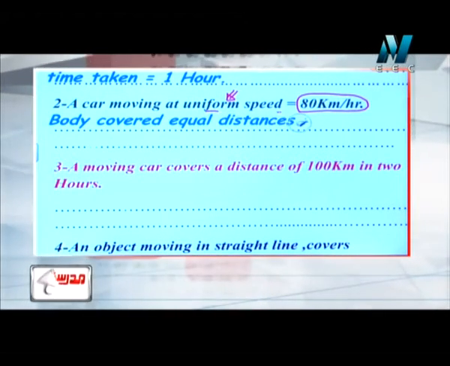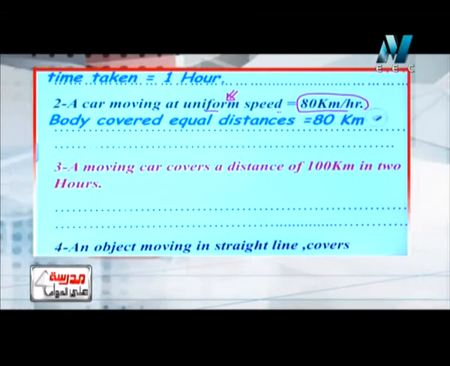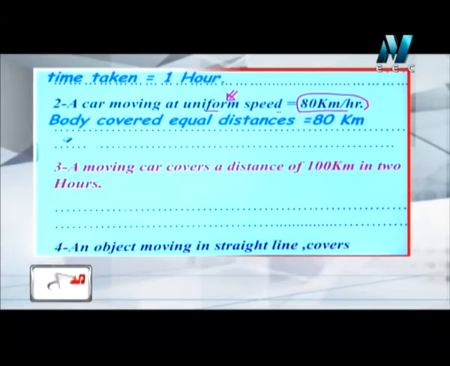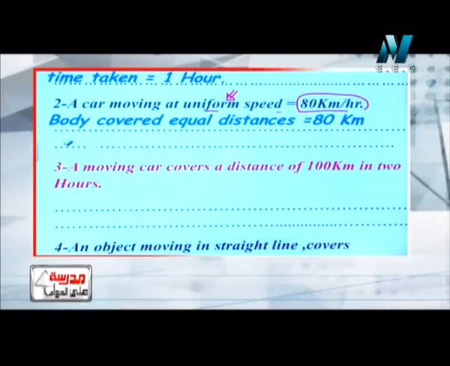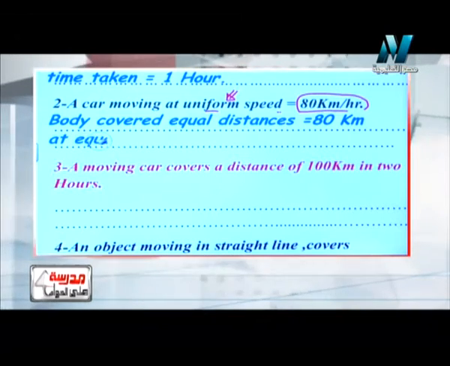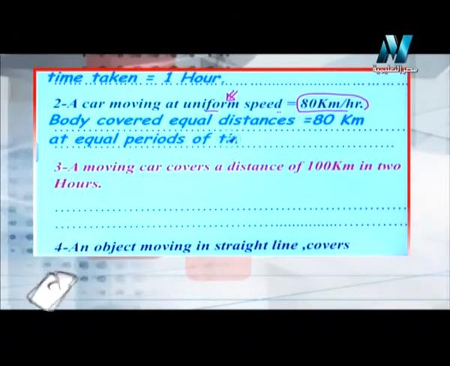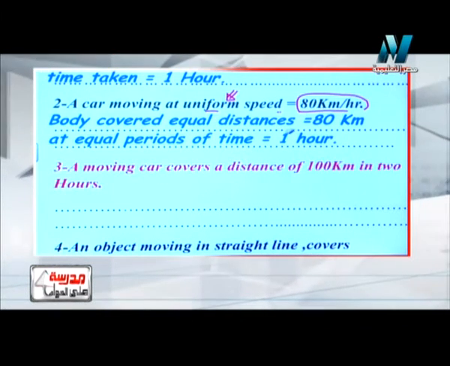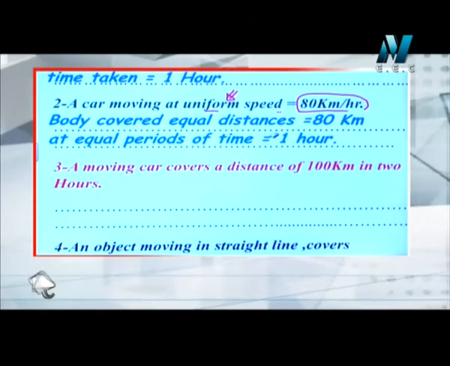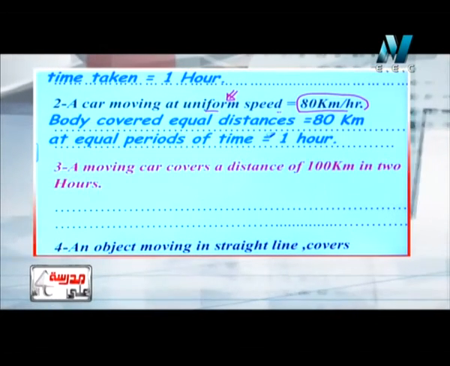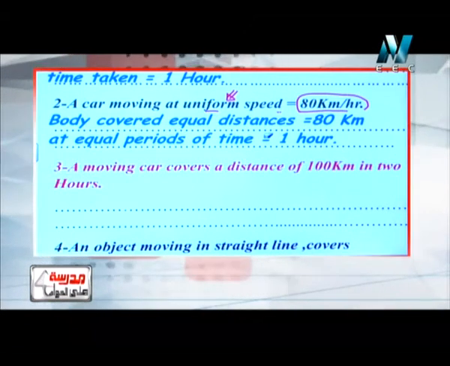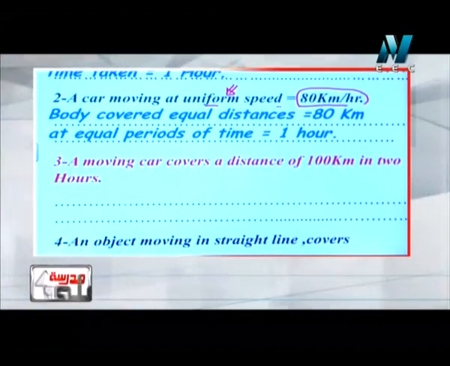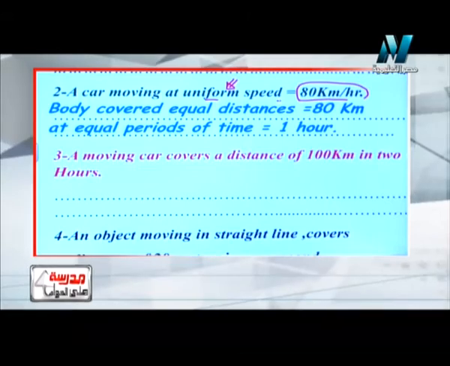So how many distances here? Equal 80 kilometers. I took the distance by itself. So the body covers equal distances, equal 80 kilometers, at equal periods of time, equal how many? Equal 1 hour. So we define according to uniform speed using the number and separate the value of this number into distance and time. The measuring unit, 80 kilometers, is the measuring unit of distance, and time is 1 hour.